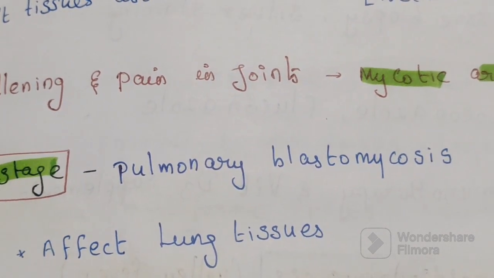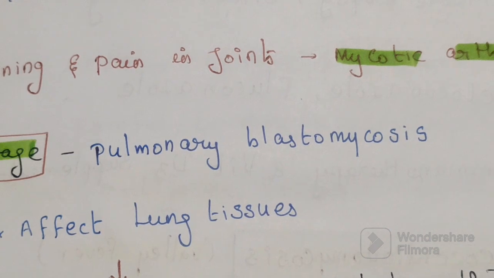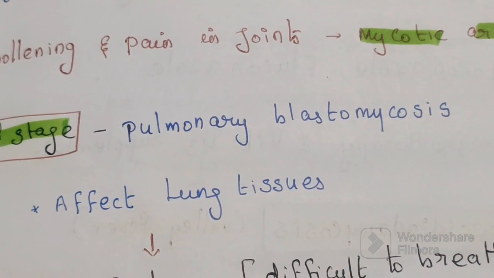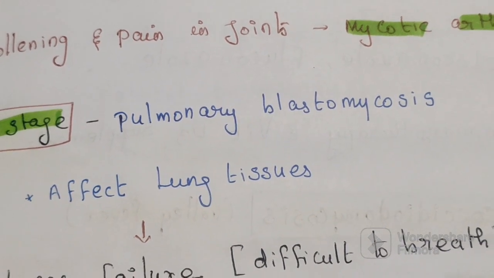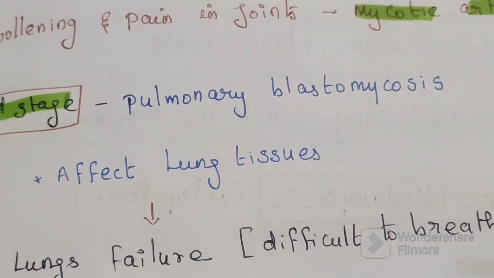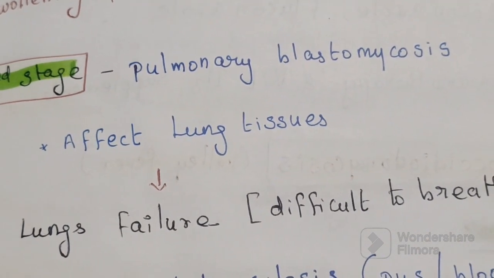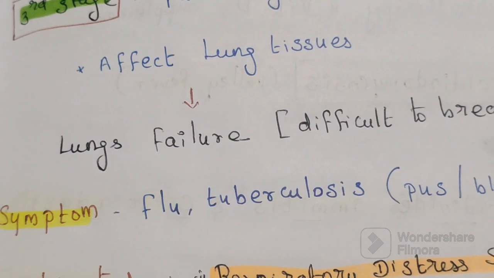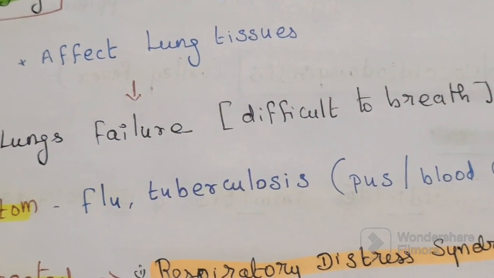Third stage, pulmonary blastomycosis. It affects lung tissue and lungs. It leads to lung failure, difficulty breathing. Symptoms are also like flu and tuberculosis.